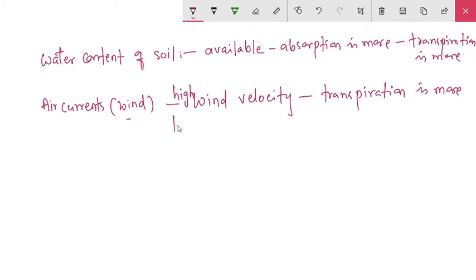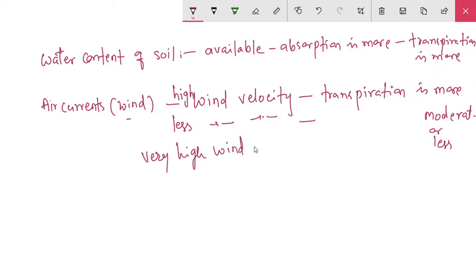But when there is a very high wind velocity, in such a condition the stomata get closed, and due to that closing of the stomata, the rate of transpiration decreases.